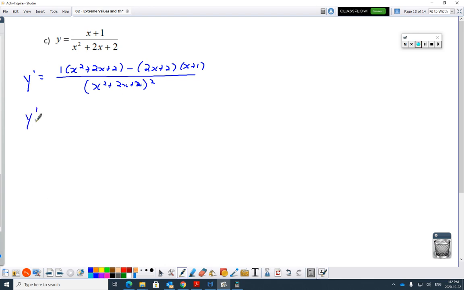Just going to get that down, and then I will check that to see if I've made any little clerical errors there. Derivative of the top times the bottom. Minus derivative of the bottom times top. All over the bottom squared. Beautiful.